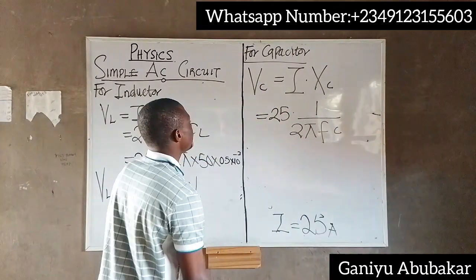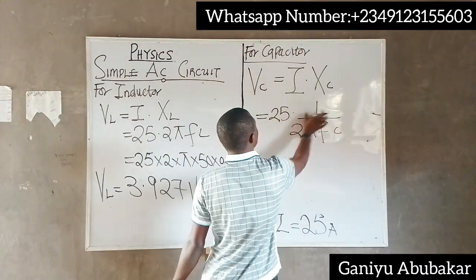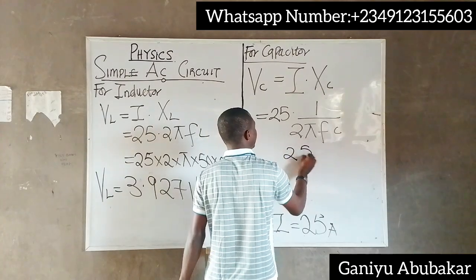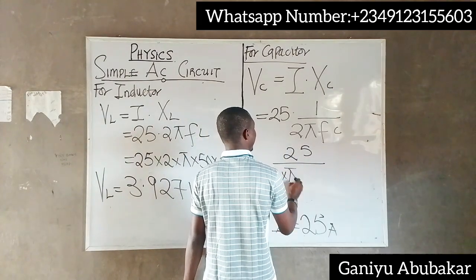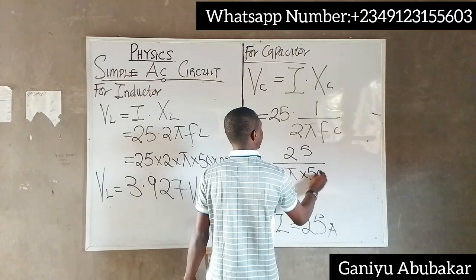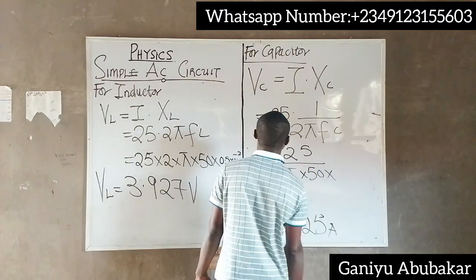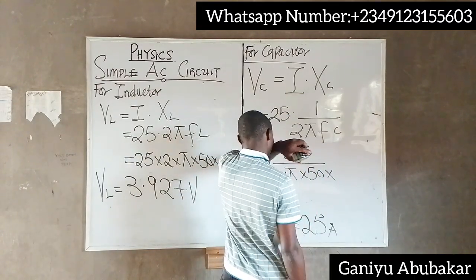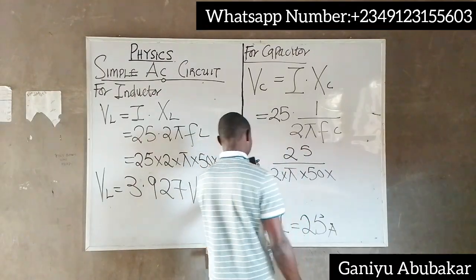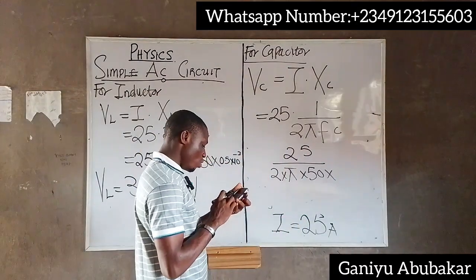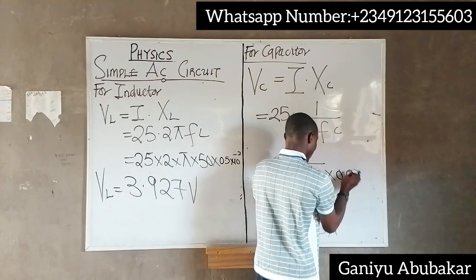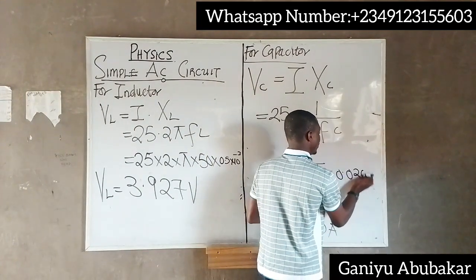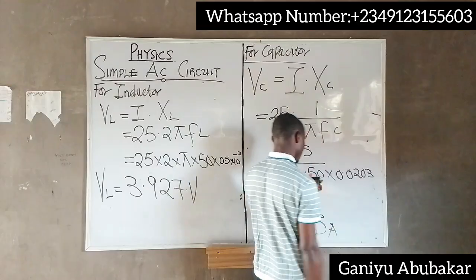Alright, put in value. 25 times 1 gives you 25 all over 2 times pi times F, which is 50, times C. What's C? We got C value. We got C to be 0.0203.